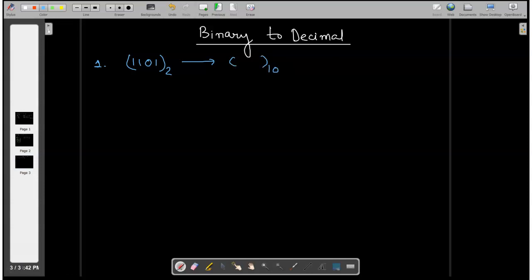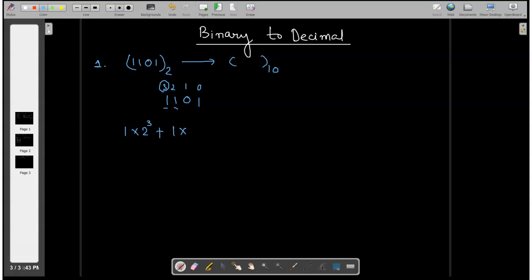What are the steps? First, write down your binary number like this. Now, start from 0. So this is 0, 1, 2, 3. Alright. So what we are going to do is take this number, number 1 into 2 to the power of 3. Plus again a number 1.